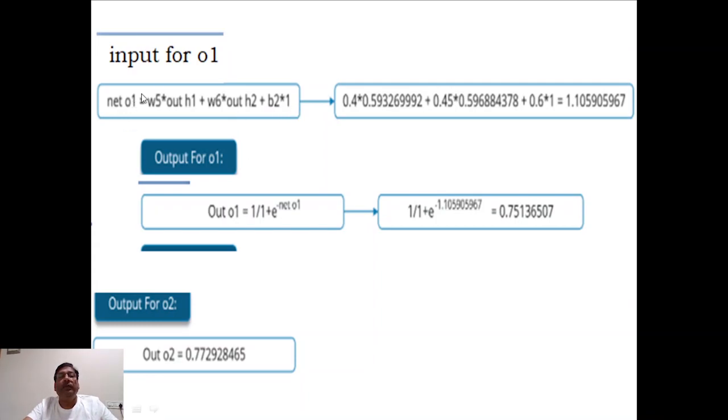When you replace the values of the various variables and weights that you have taken, the output is going to be 1.105905 and so on. Now this is the input at O1. If you want to calculate the output at O1, you need to apply the activation function, which is 1 upon 1 plus e to the power minus x. So you can just calculate this as 1 upon 1 plus e to the power minus this value and so on.